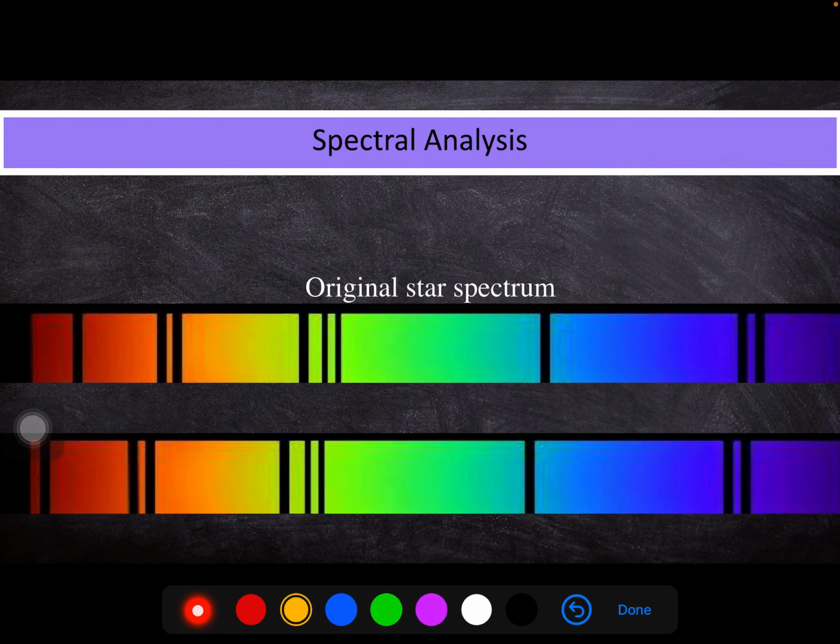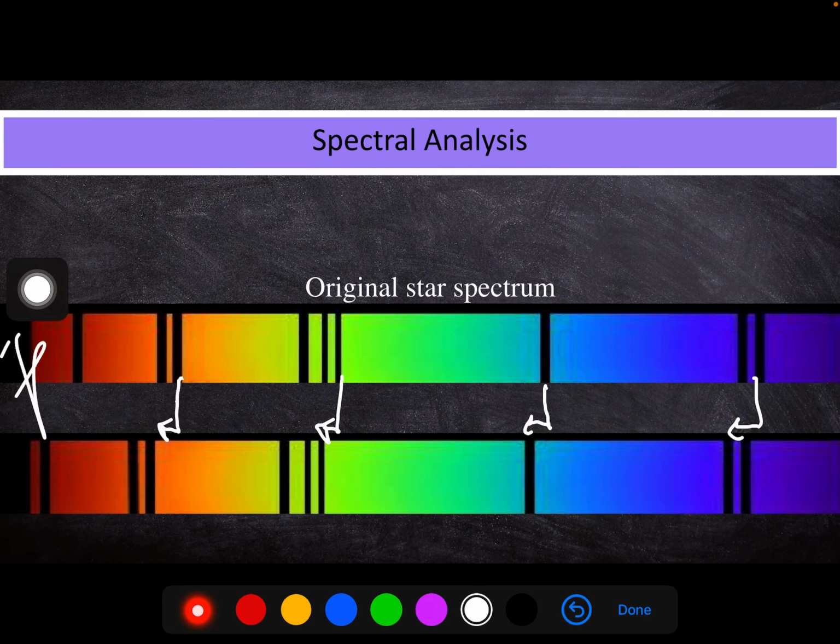I'll show you another one. Again, I've got the original star spectrum here at the top. I'm comparing the original to the star in motion. So when I trace these light bars down, the spectra, seeing how it's changed over time, I notice that every single one has a slight shift towards a certain end of the spectra.